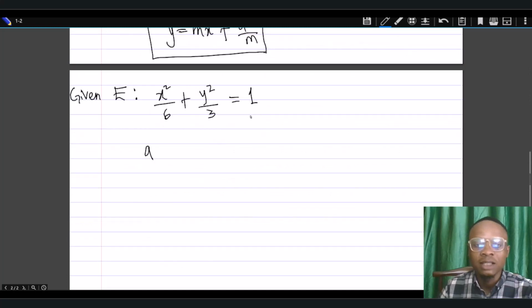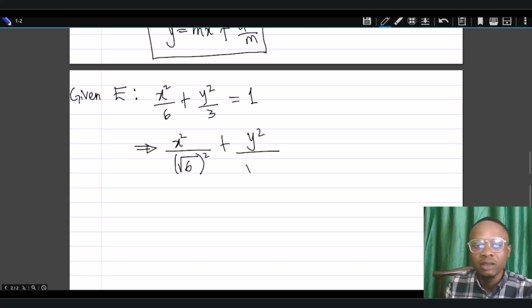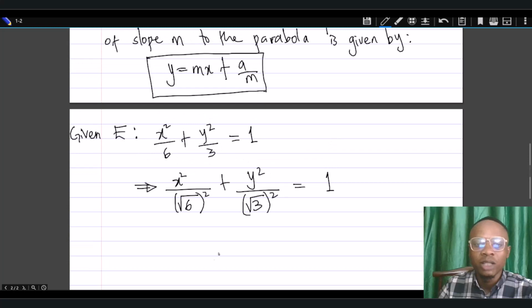So here we will have x squared divided by the root of 6 all squared, plus y squared divided by the root of 3 all squared, equals 1. We know root of 6 all squared gives us 6, and root of 3 all squared gives us 3.